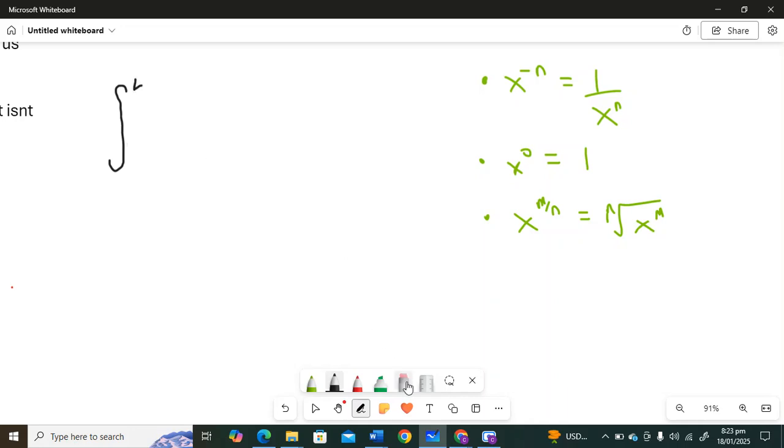So this is the basic rule of integration. Also write this down. The root of n.